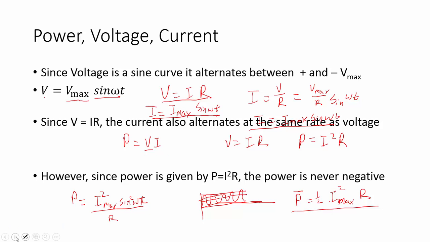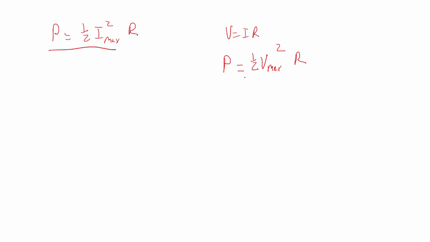So let's take a look at that. If the average power P equals 1/2 I max squared times R, then it's also the case, since V equals IR, we can replace the I with the V, and we can say power equals 1/2 V max squared over R. And all we're going to do is solve these two equations for our unknowns.